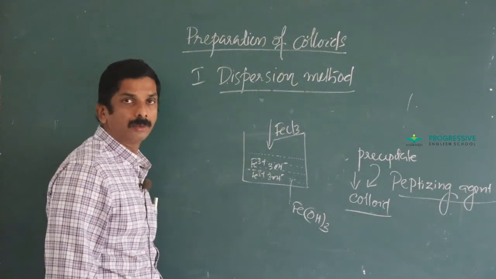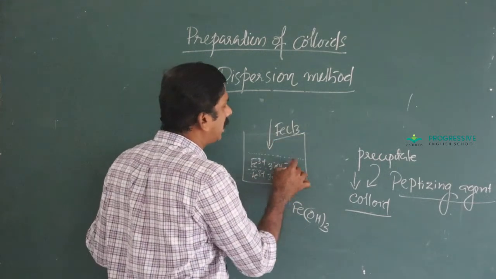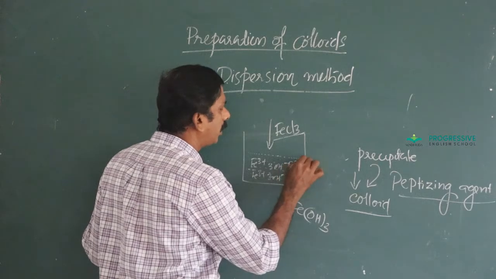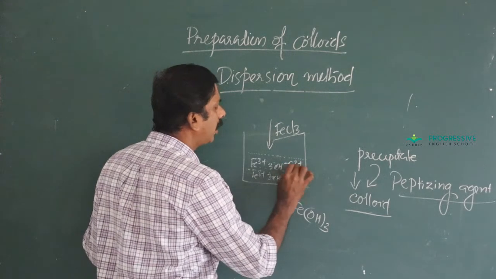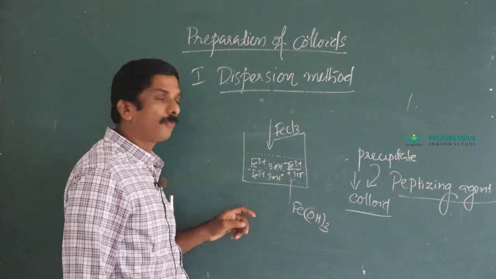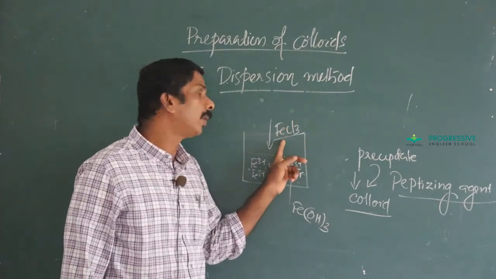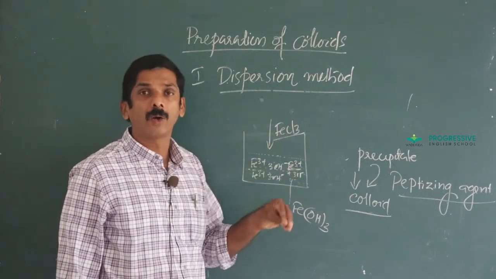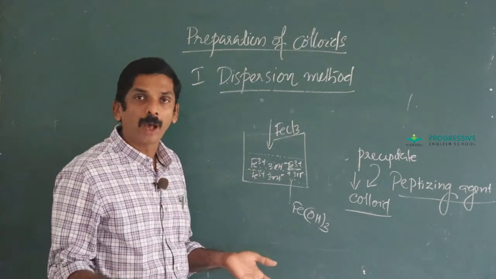By the addition of FeCl3, Fe3+ ions are produced from the ferric chloride. As a result, what happens?